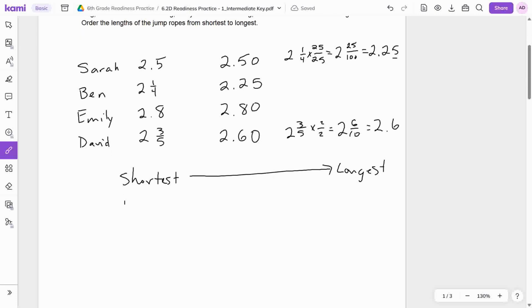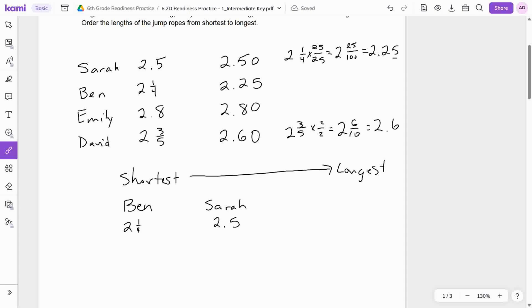So first it's Ben, and I'm going to write it back in the original format. If this were a STAAR question, you would see it as the original format, the 2 and 1/4, not the 2.25. After that, it's going to be a 2.5, so that's Sarah, and her original format was just 2.5, not 2.50.